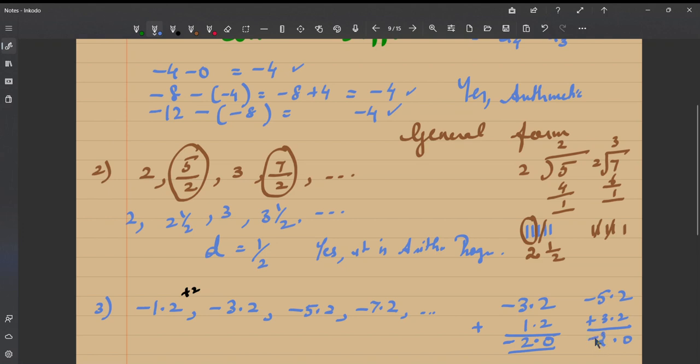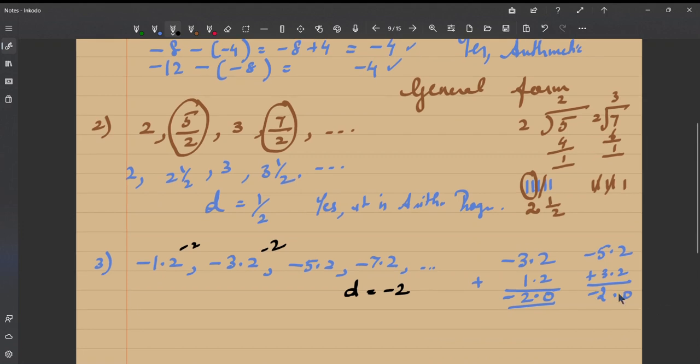So our common difference is not positive 2, it's a negative 2, right? So let me change it to negative 2. So here also the difference is the same, negative 2 and so on. Since d is always minus 2, we can conclude that the third example is also an arithmetic progression. Yes, it is also an arithmetic progression.